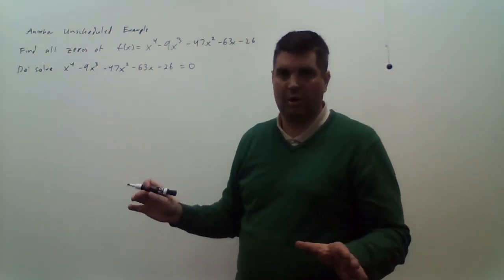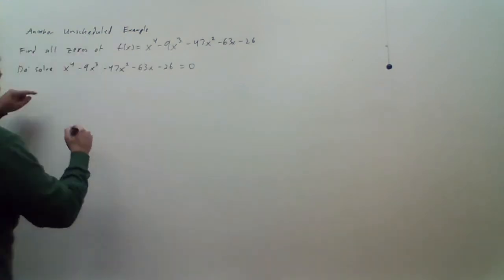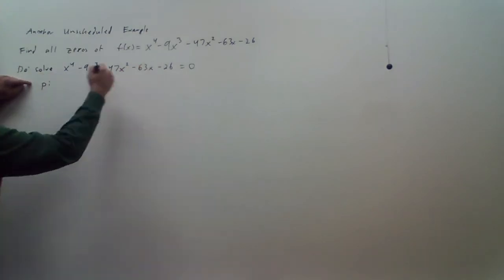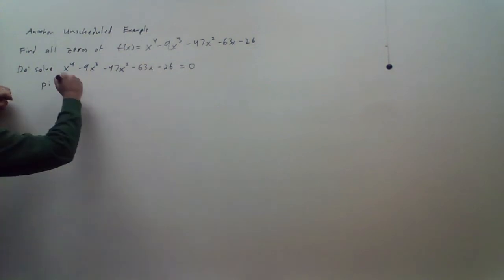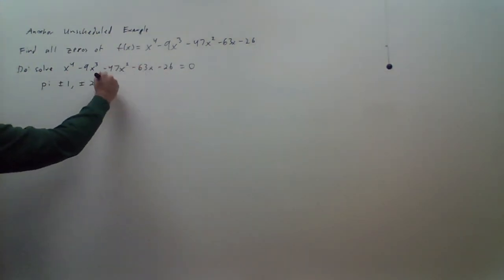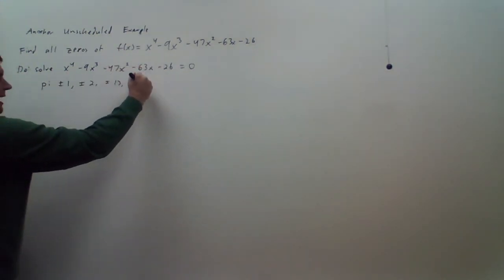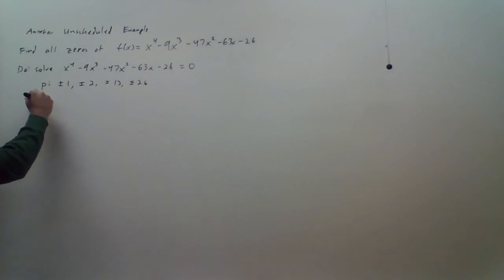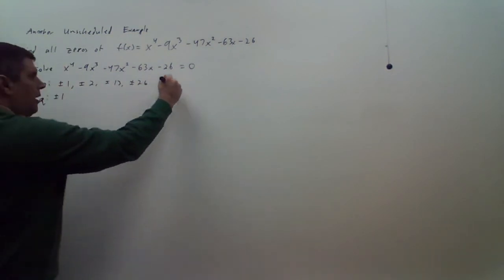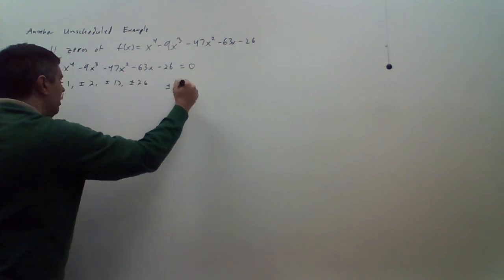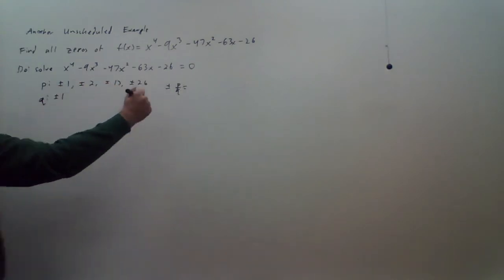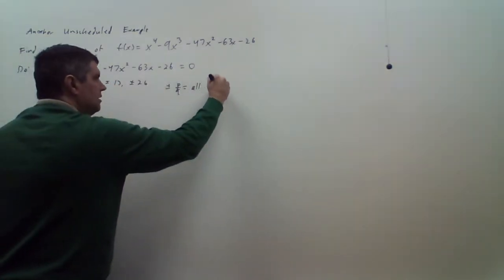So we're going to have to use the p over q method. P is all my factors of the constant: 1, 2, because 26 is even, 13, and 26. Q is all my factors of the lead coefficient, 1. So plus or minus p over q, all these over 1 would just leave these unchanged. So it's all the p's.